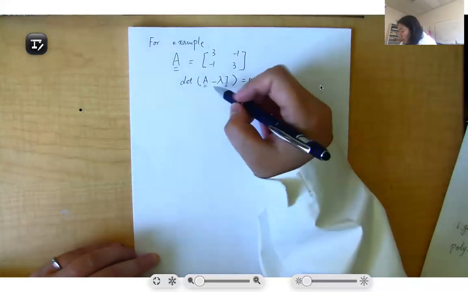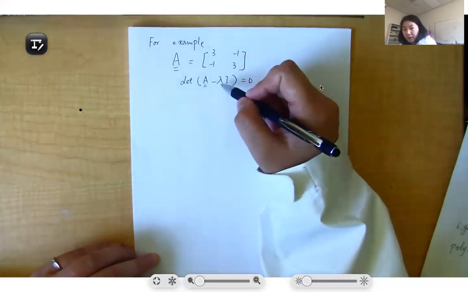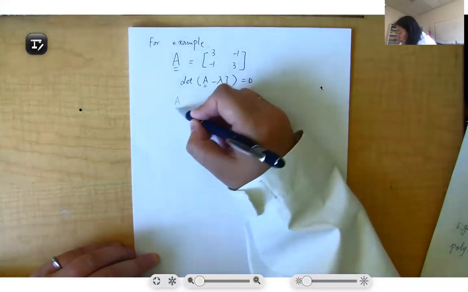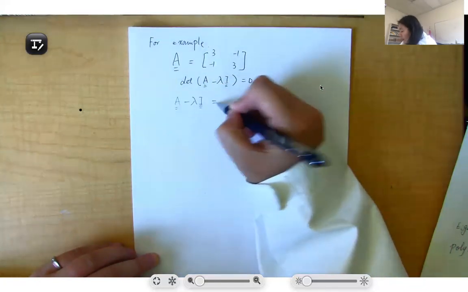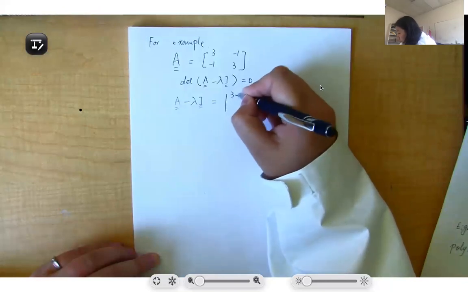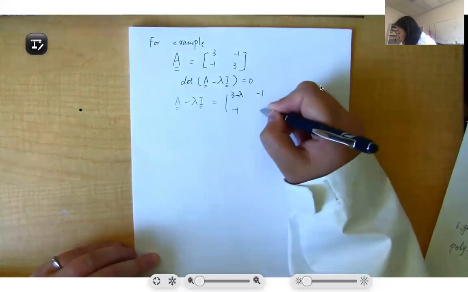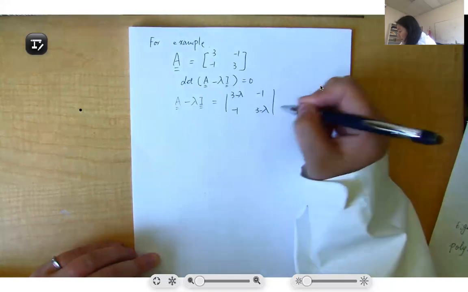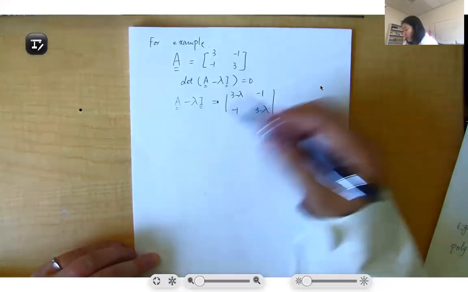So what is the matrix A minus lambda I? A minus lambda I is equal to 3 minus lambda, minus 1, minus 1, 3 minus lambda. Okay, that is the new matrix.